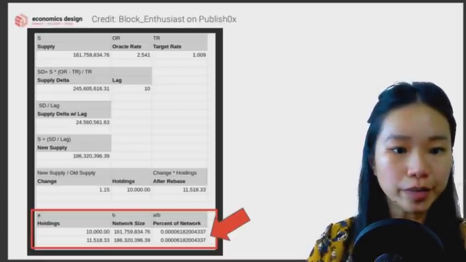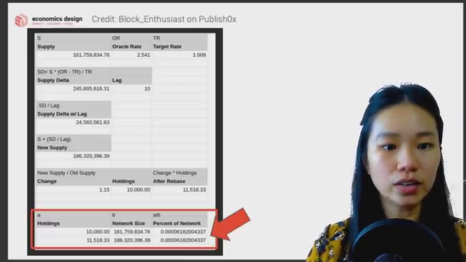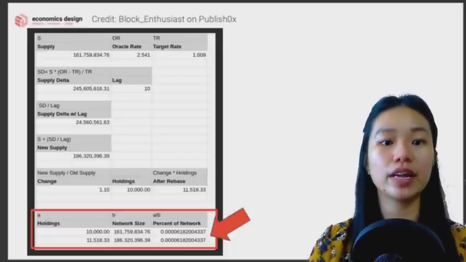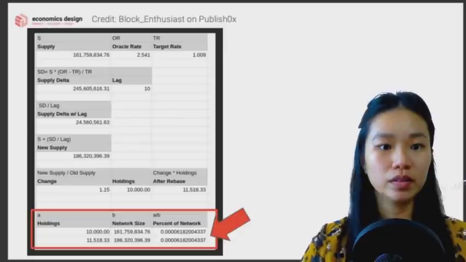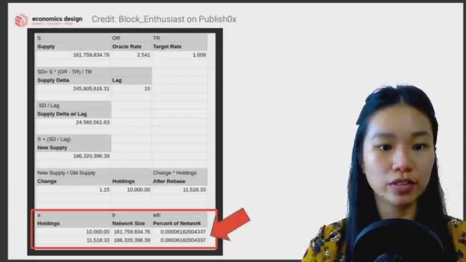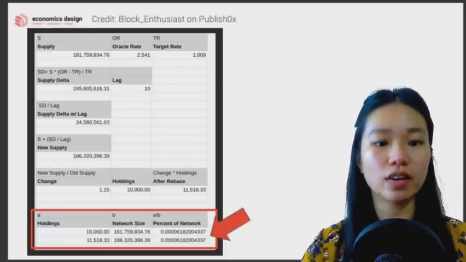So if you look at the bottom here, this red box, you see that the holdings increased because the value increased. And the holdings went from 10,000 to 11,518. But the network size also increased.